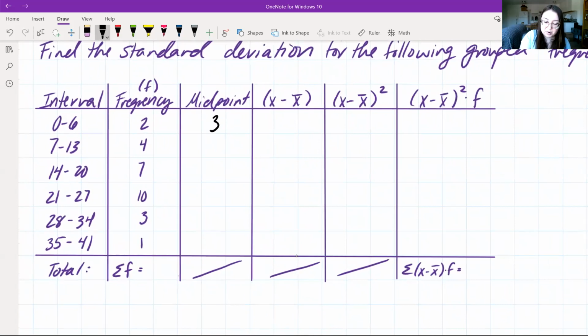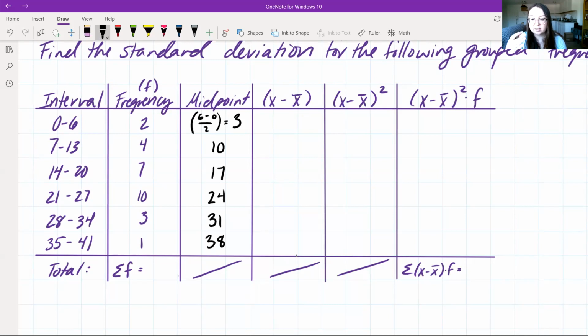Remember, you find your midpoint by taking the second number minus the first and dividing by 2. That's how you find your midpoint. We can do the same thing for the second, and we end up getting our midpoint is 10. Then on our next one, we get 17. If we notice a pattern, our midpoint is increasing by 7, and that's because our intervals are in 7s. So we see that our next value is going to be 24, and we have 31, and 38.